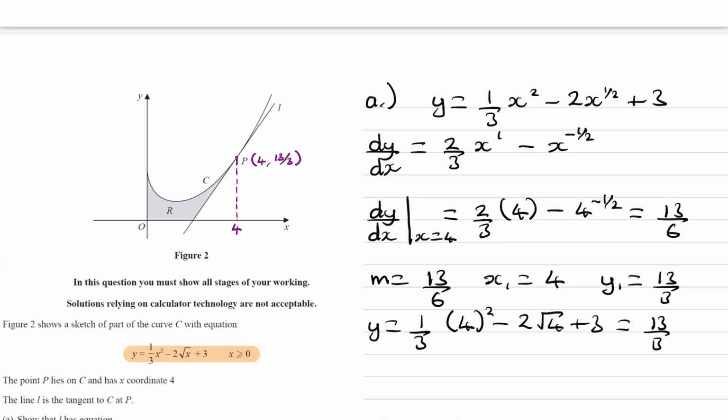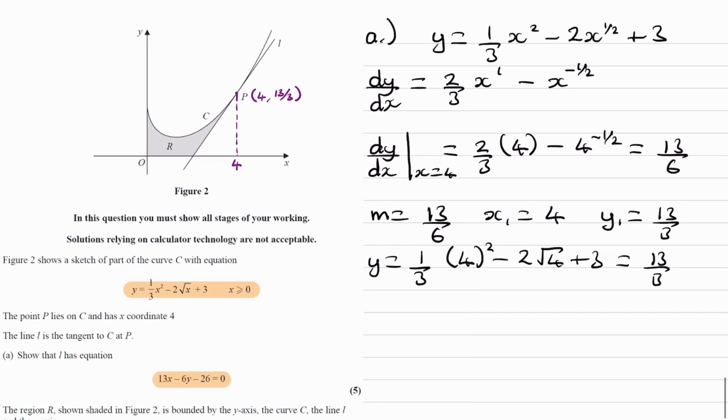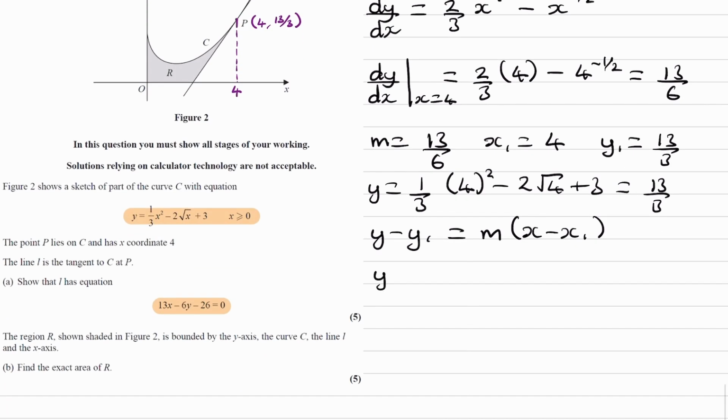Then we can use the equation of a straight line: y minus y1 is equal to gradient times x minus x1. Put in our y1, which is 13 over 3, our gradient, 13 over 6, and our x coordinate, 4.